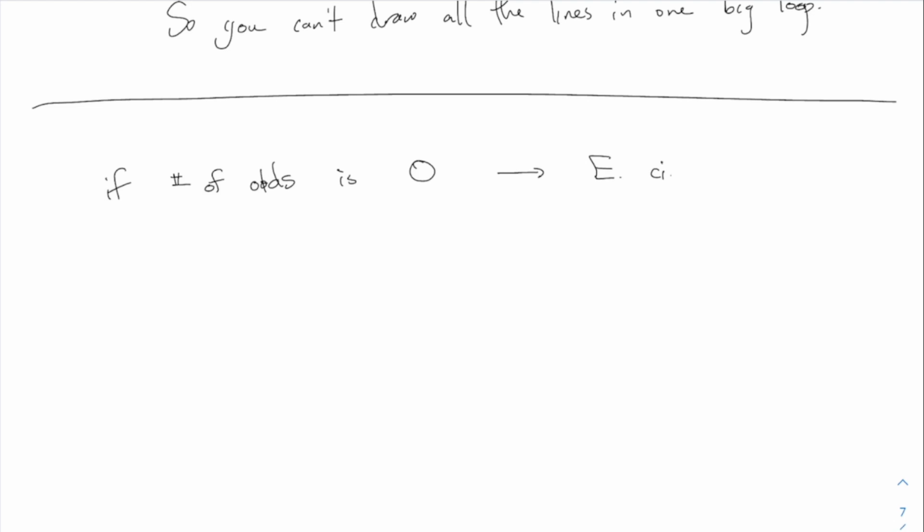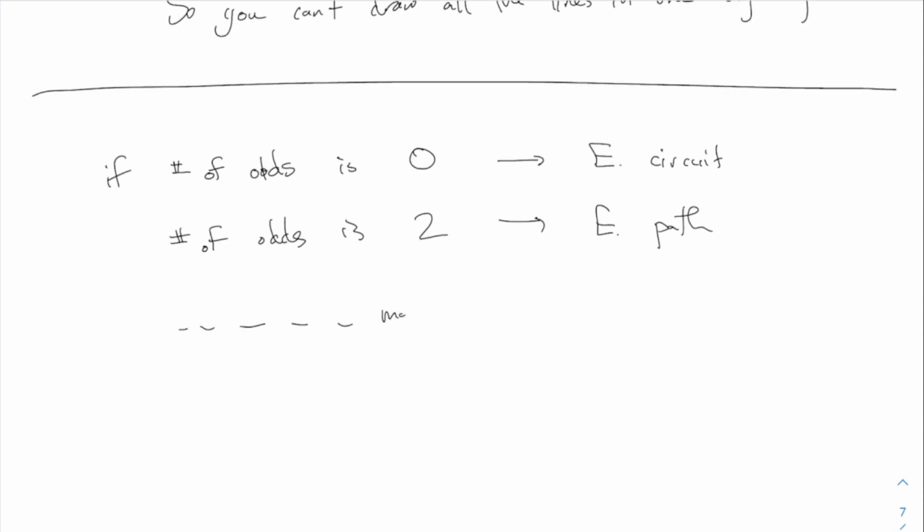No odds means there's an Euler circuit. If the number of odds is 2 and the rest even, this means there's an Euler path. And if the number of odds is more than 2, this means there's none, right? No Euler circuit, no Euler path.